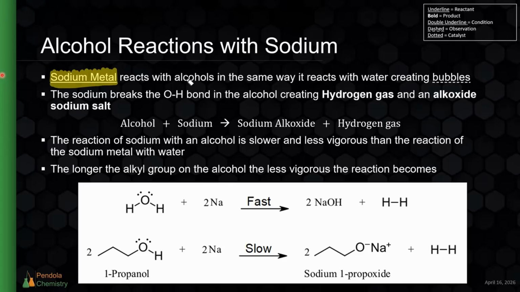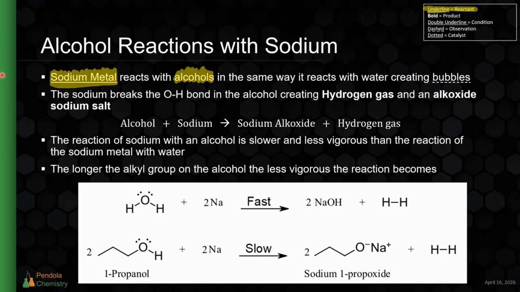So the sodium metal will react with an alcohol in an acidic reaction, and it's going to start creating bubbles. Why bubbles? Because when the alcohol loses its hydrogen, it creates hydrogen ions, which then can bond together, they create hydrogen gas.